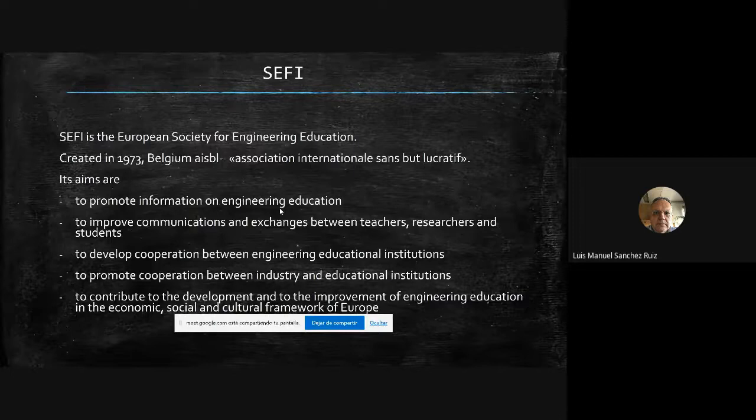And when it's convenient, we try to develop cooperation between different institutions, because sometimes it is required that at least 2, 3 countries are involved, or 4, depending on each call. So CEFI keeps an eye on that. We also try to keep cooperation with industry and education institutions. And we contribute to the development and improvement of engineering education in general in the economic, social, and cultural framework of Europe.